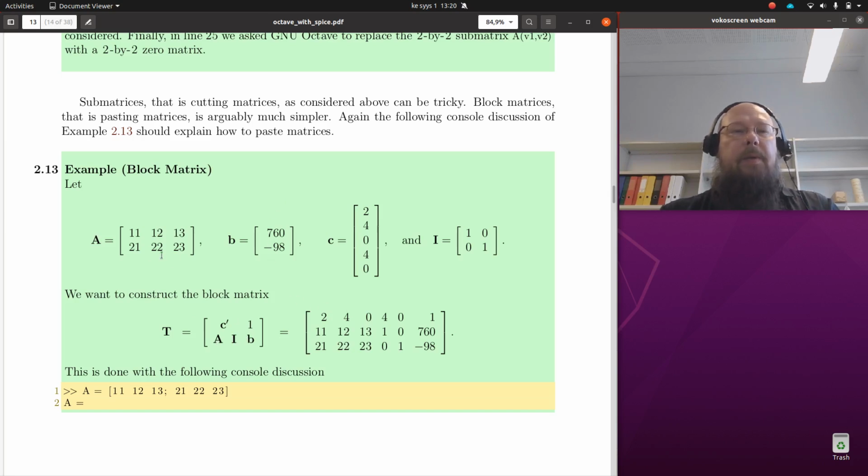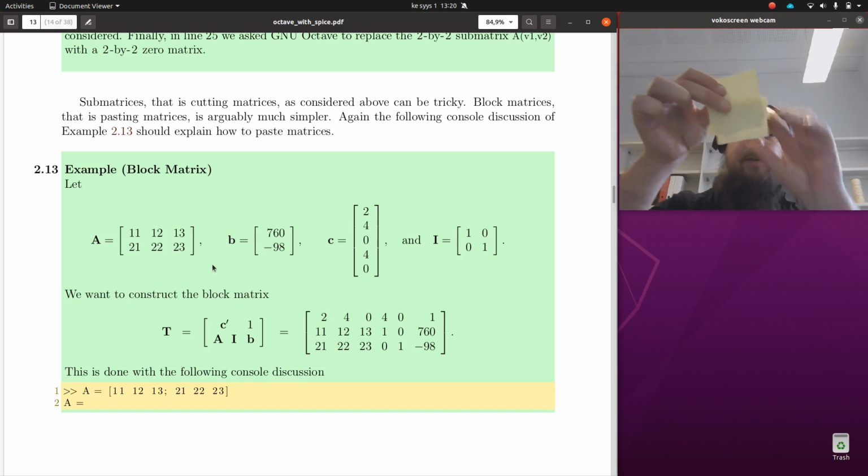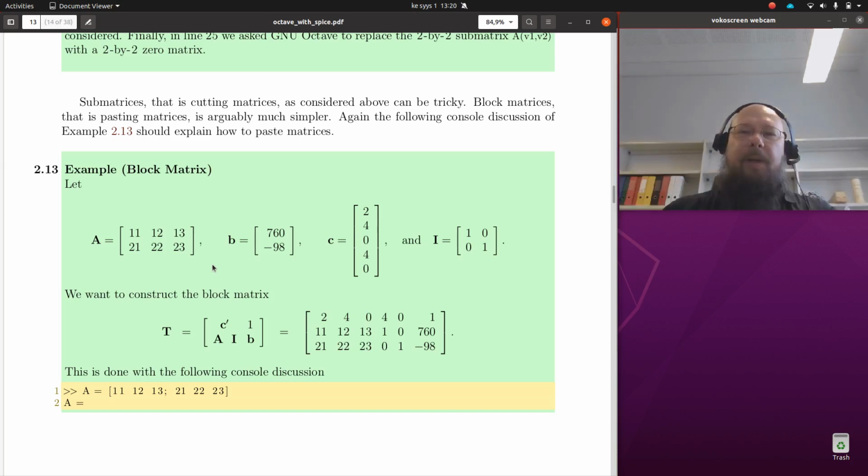So if you just paste them together, you can write each one of them on a small post-it note, as I've shown you, and then paste them if you wish. So you get something like that. And of course the only problem here is that the dimensions have to be correct so that this builds up a nice rectangle. Now the question is, how do you do this with Octave?